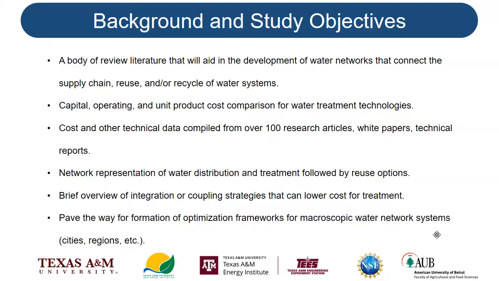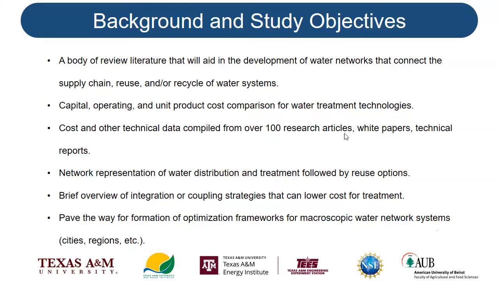We didn't go into the details, that's coming up in a second paper, but we briefly created a structure where we could use one single integration method, or we could couple strategies that would lower the cost for the treatment. This also paved the way for the formation of optimization frameworks for macroscopic water network systems, for example, cities, regions, devices.